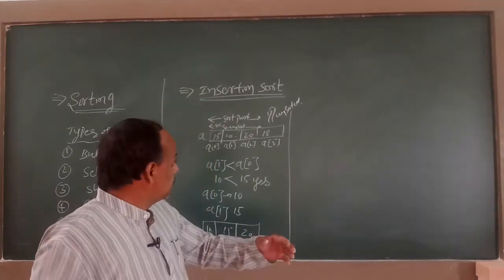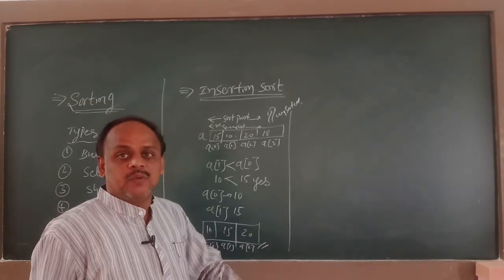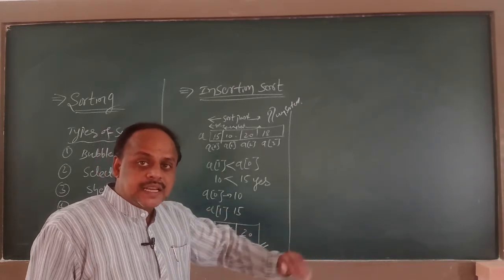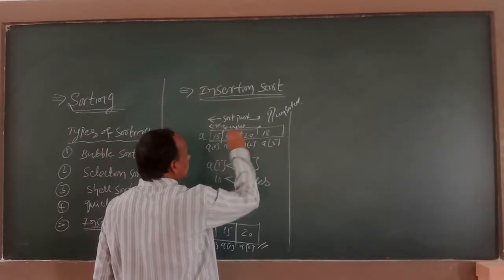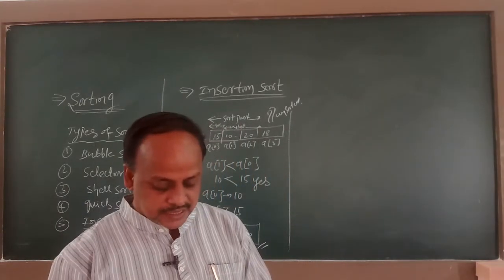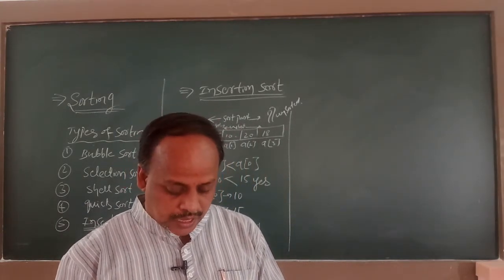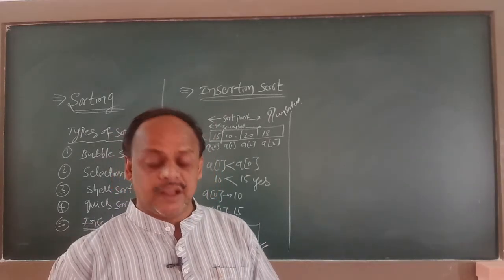So suppose 4 elements are there. In the second step, what do we do? We consider the third element, that is A of 2 of the unsorted part, and compare A of 2 with A of 1.